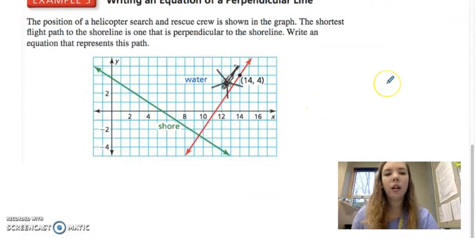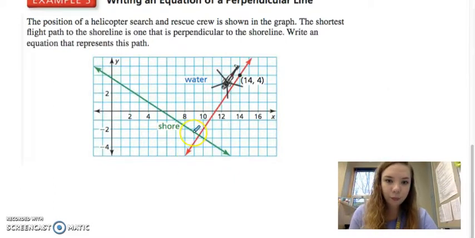The position of a helicopter search and rescue crew is shown in the graph. The shortest flight path to the shoreline is one that is perpendicular to the shoreline. Write an equation that represents this path. Okay, so we want these to be perpendicular. It looks like the shoreline, let's find its slope. Wherever your line goes right through a grid, so right through the corner of a grid box, you can add a point.